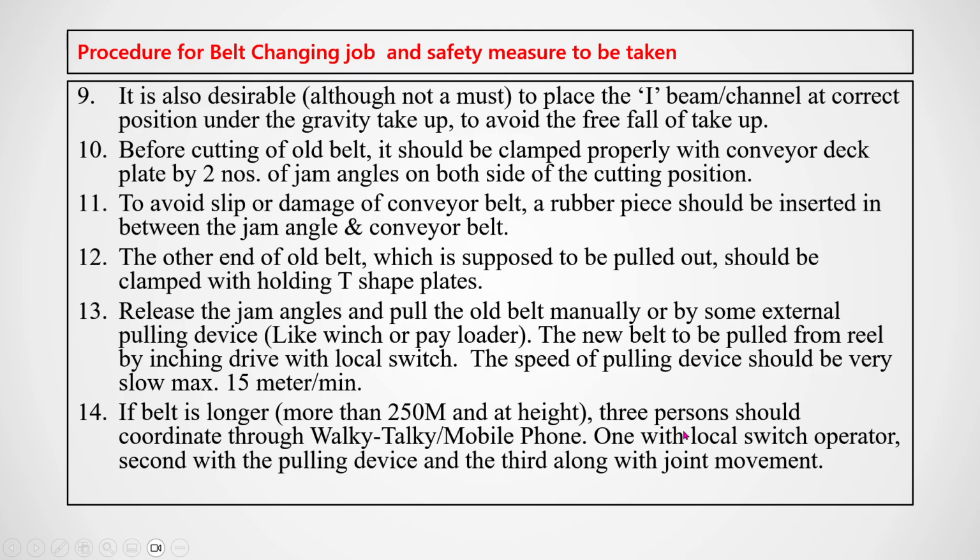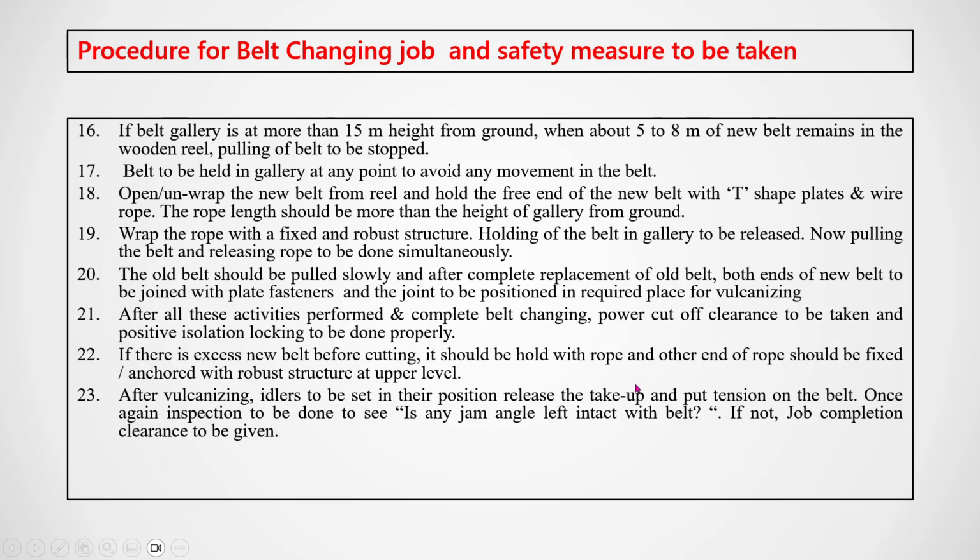Suppose the conveyor belt is very big and lengthy, and if the belt gallery is more than 15 meters high from the ground, then 5 to 8 meters of new belt must remain on the wooden reel before pulling of the belt is stopped.